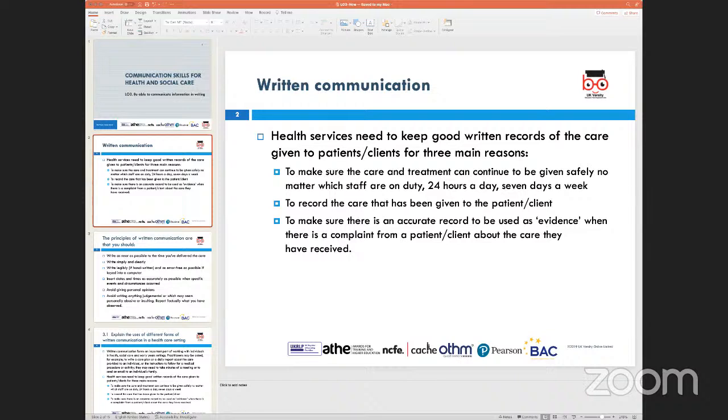So let's begin by looking at one or two aspects of why written communication is important, specifically in the context of a health and social care setting. As I mentioned earlier, there are different ways in which we can communicate.